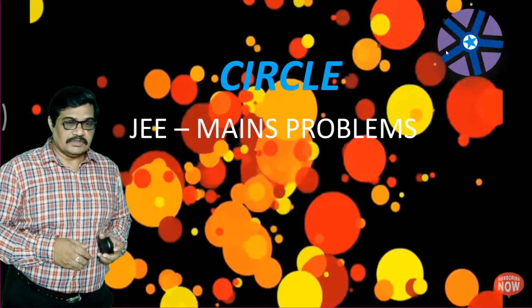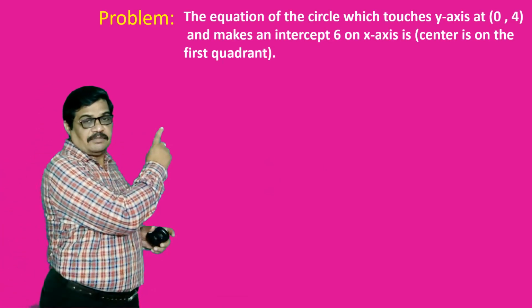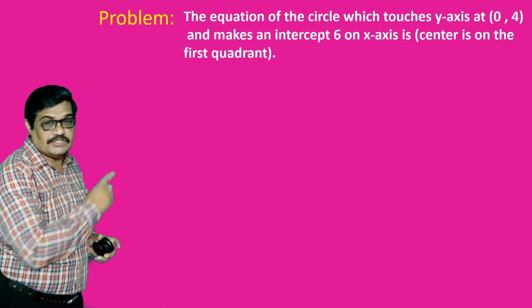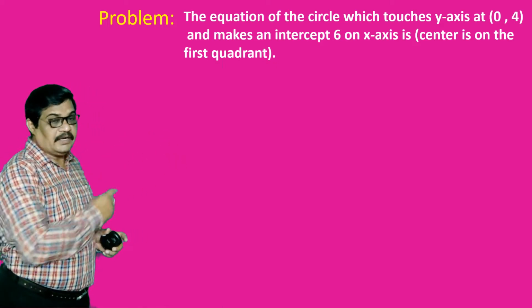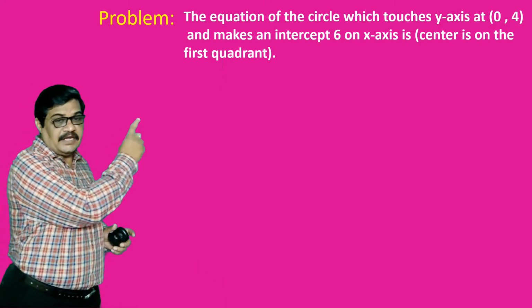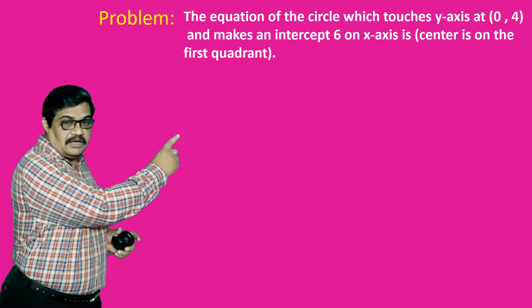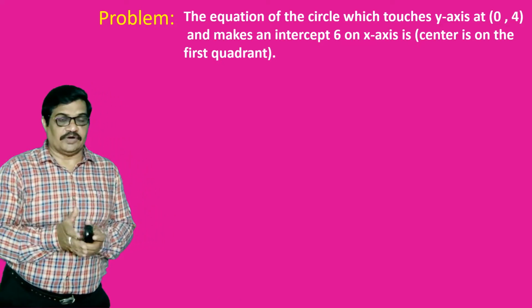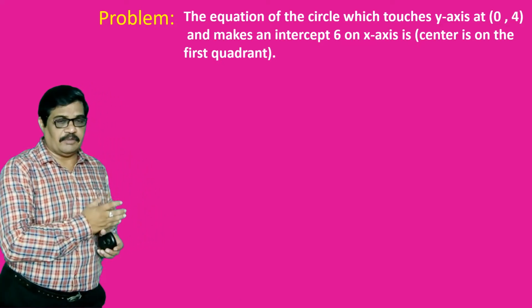Okay, see the problem we are given here. The equation of the circle which touches the y-axis at (0, 4) and makes an intercept of 6 on the x-axis, where the center is in the first quadrant. This is our given problem.